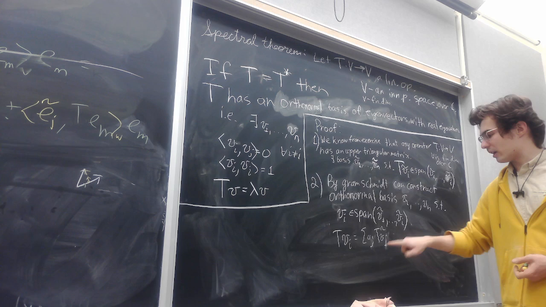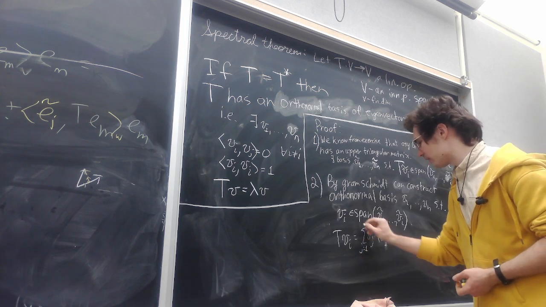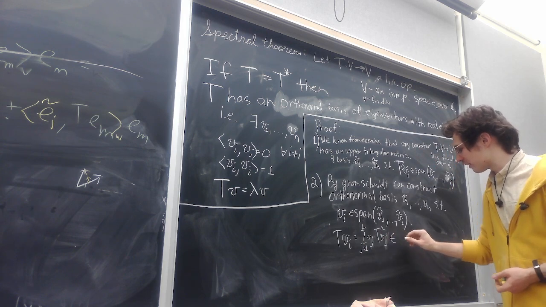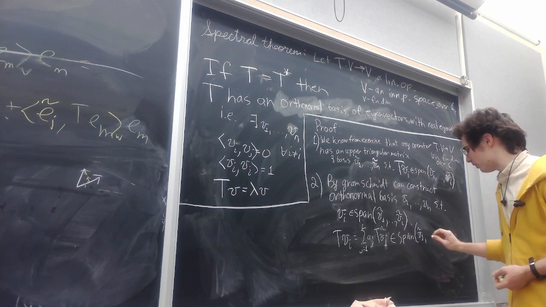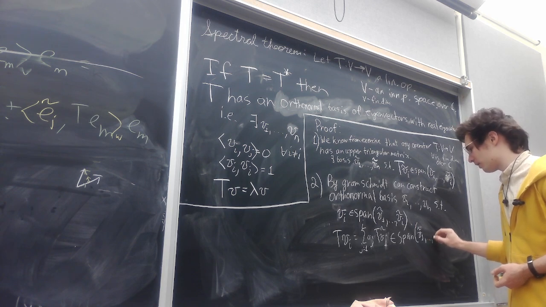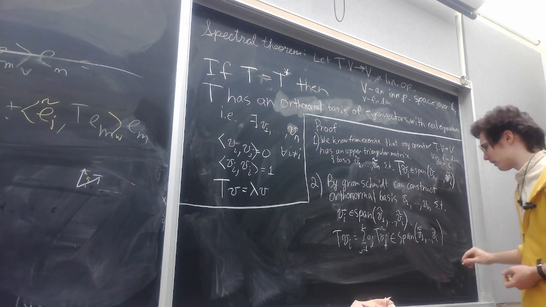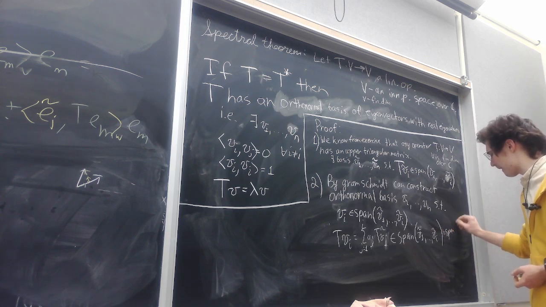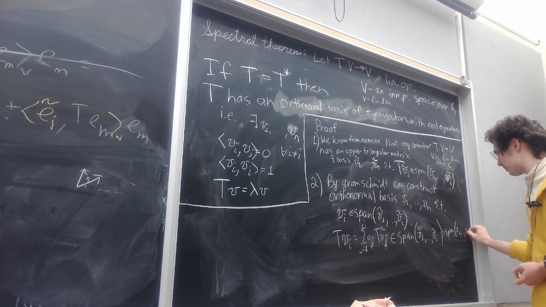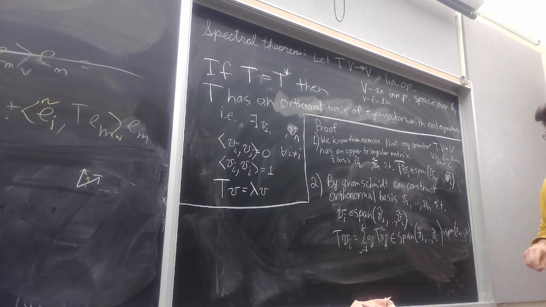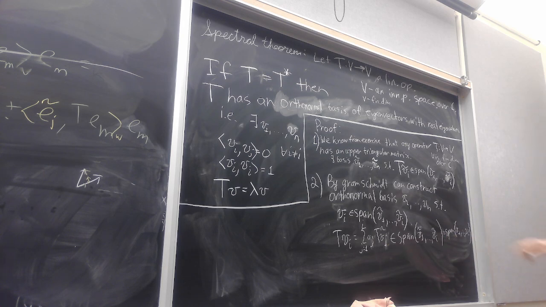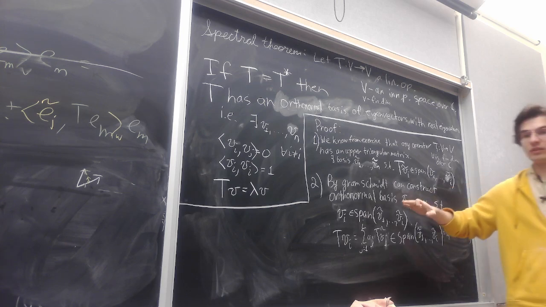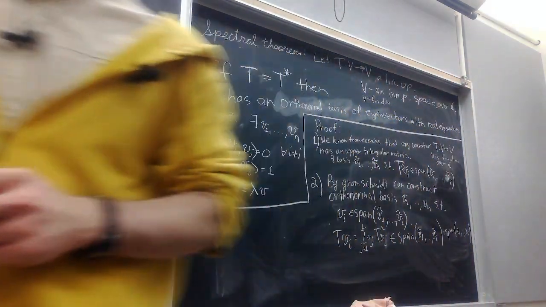But each of the T Vj's has to be in the span of V1 up to Vi old, which is equal to the span of V1 up to Vi. So now the matrix is still upper triangular. We wrote down a new basis, which is orthonormal, and the matrix is still upper triangular in this basis. Okay?